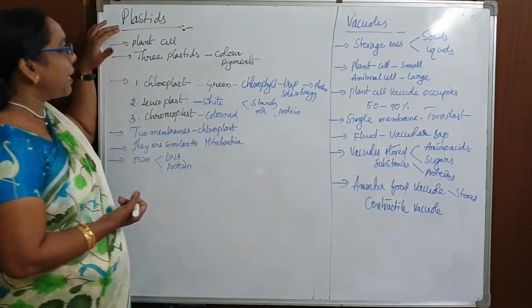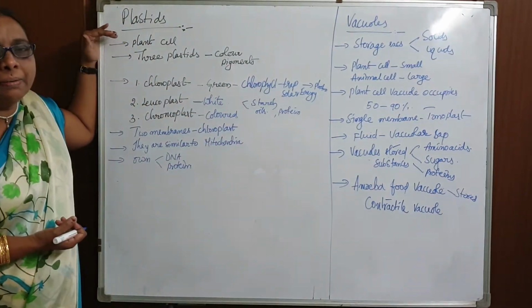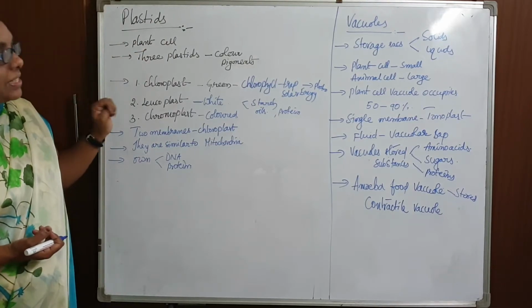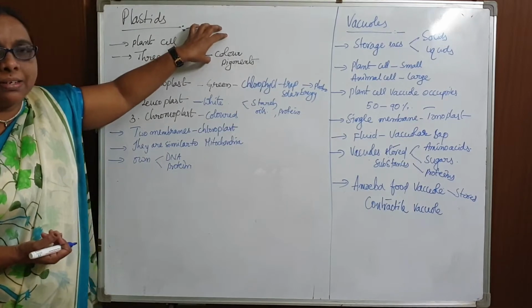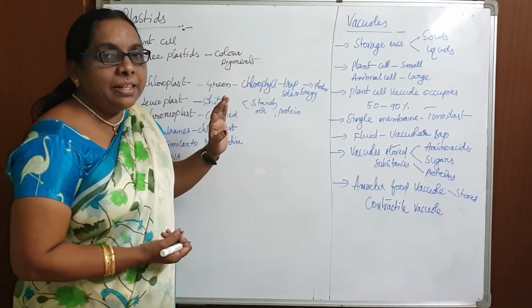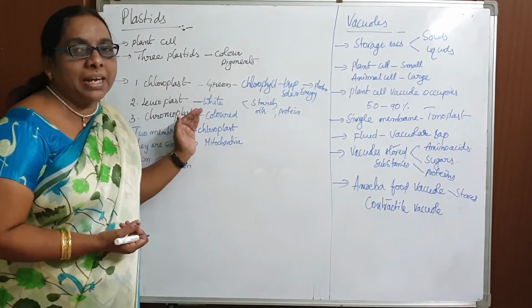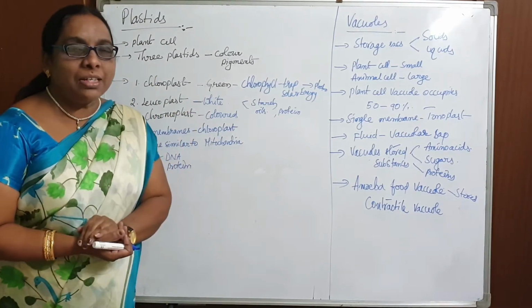Plastids are present only in plants, and there are three different types, which are nothing but color pigments: chloroplast, leucoplast and chromoplast. Children, you know this already.